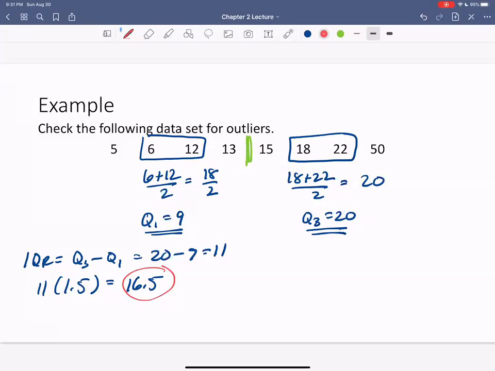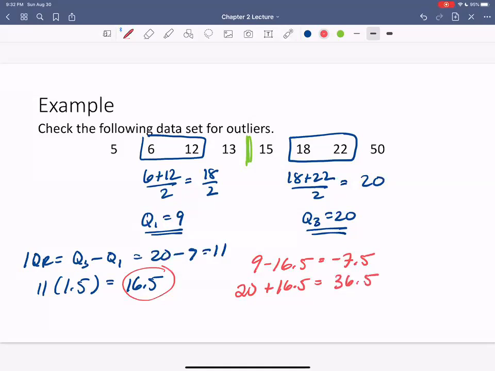So 9 minus 16.5 clearly gives us a negative value, and we don't have any negative values, but just so we can write it, this is negative 7.5. This is our lower number. For the upper one, quartile 3 is 20, and we add 16.5, so you're looking for a number above 36.5.